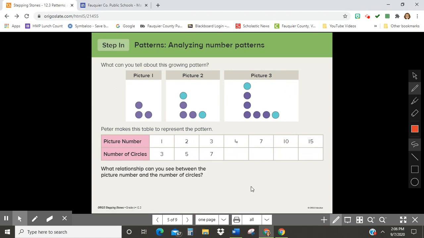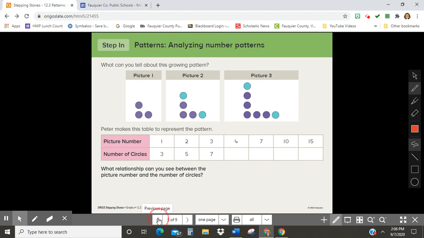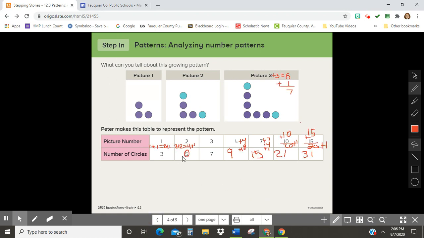What relationship can you see between the picture number and the number of circles? The number of circles is 1 more than double the picture number. So that's what we were doing.